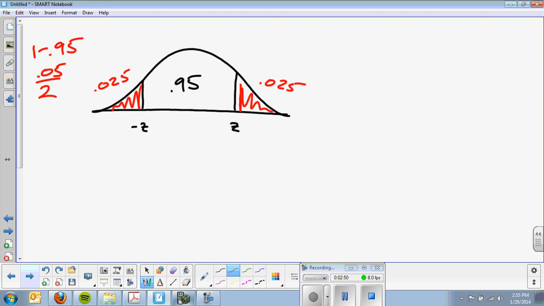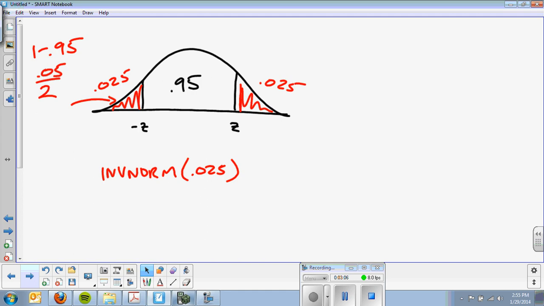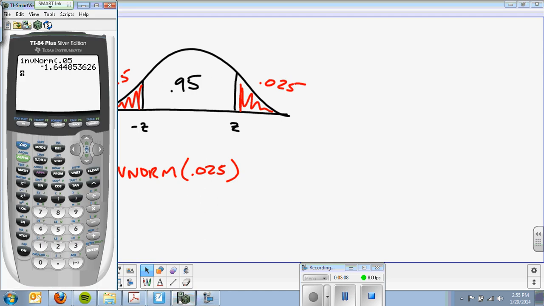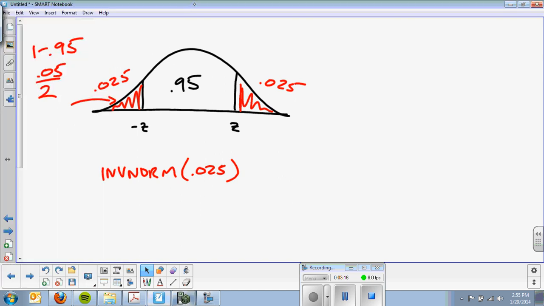Now I want to get the Z score first, so I'm going to inverse normal basically half of the leftover area, which is 0.025. That's the area to the left right here. Inverse normal 0.025, and that's going to give me negative 1.96.